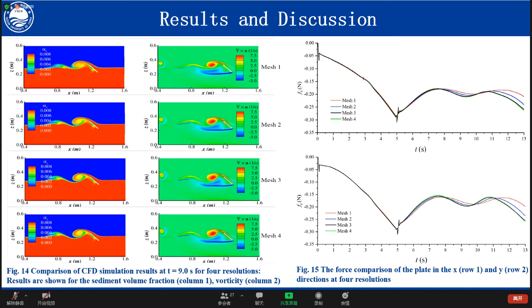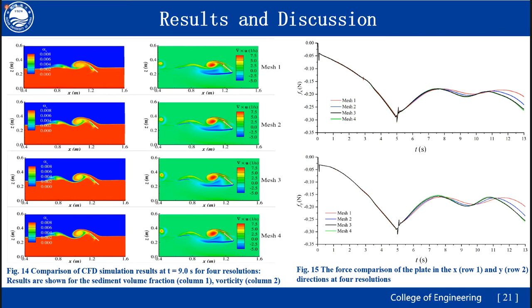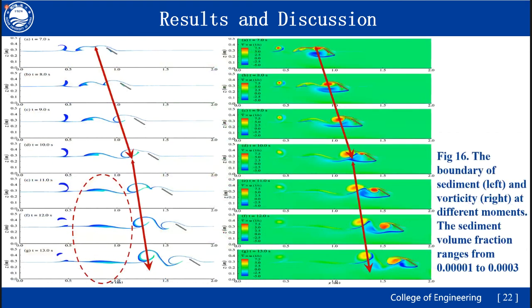But mesh 3 has the lower resolution, so we choose mesh 3 as the benchmark method. And we get the boundary.